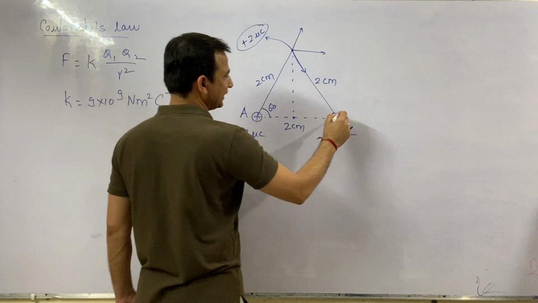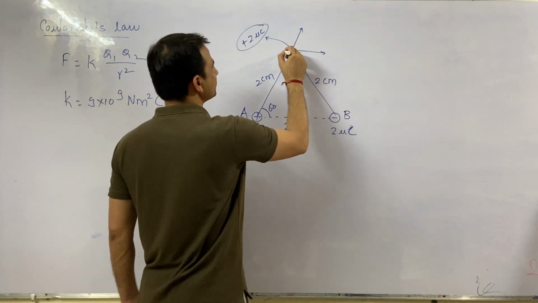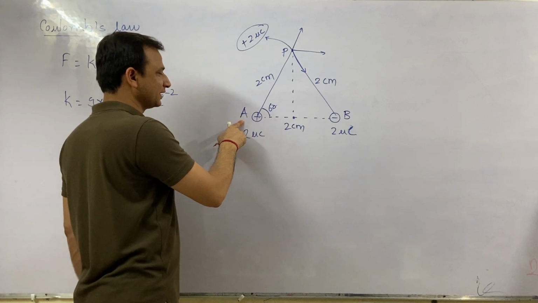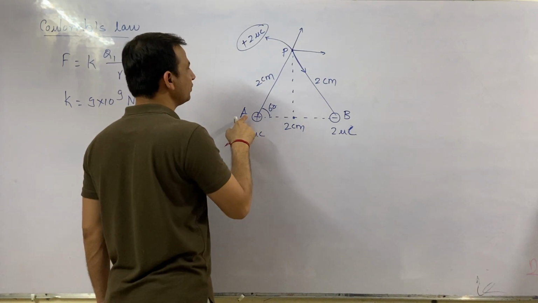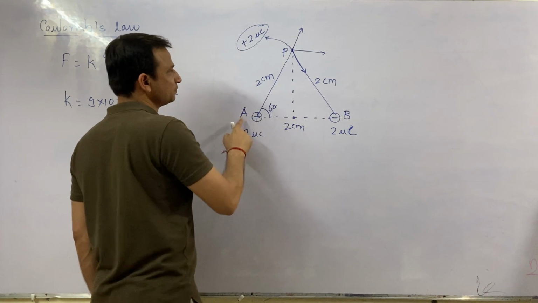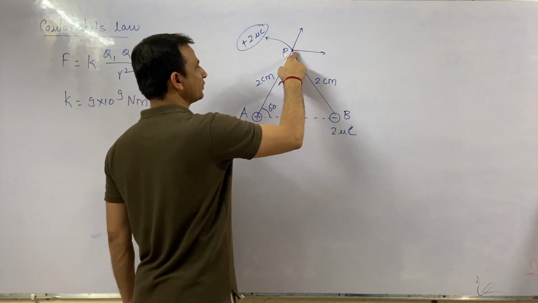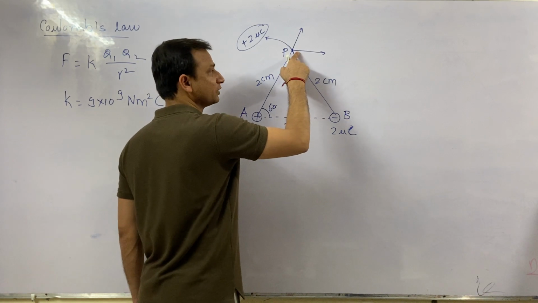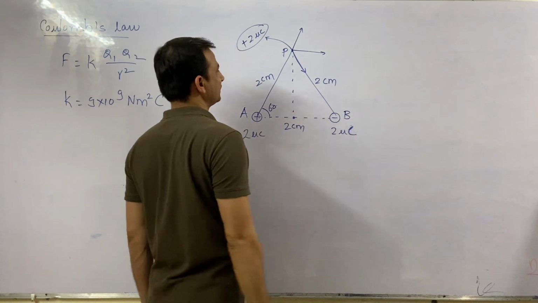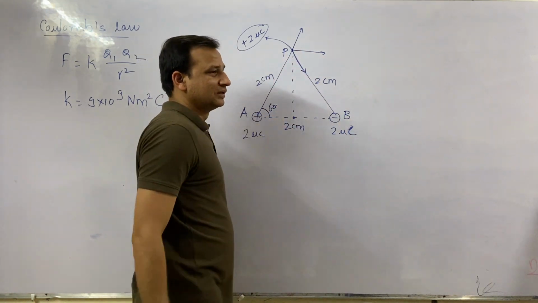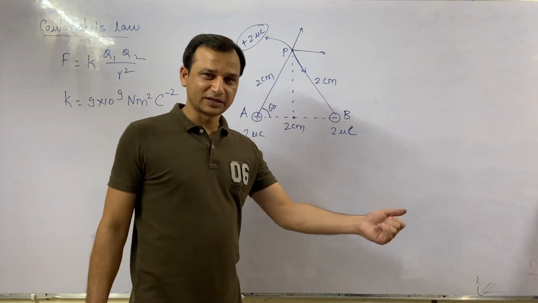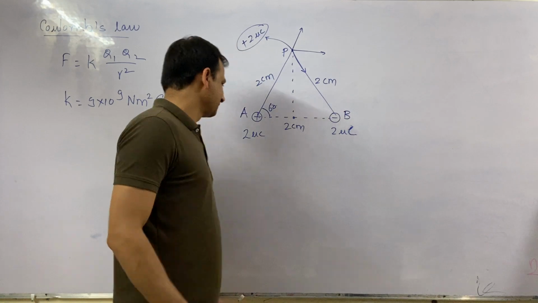Let's say this is point A, this is point B, and this is point P. First we have to calculate the force at point P due to the charge at point A. Then we will calculate the force at point P due to the charge at point B. Then we will add the two forces. Of course, we are going to consider vector addition, and we will see when we are doing that.